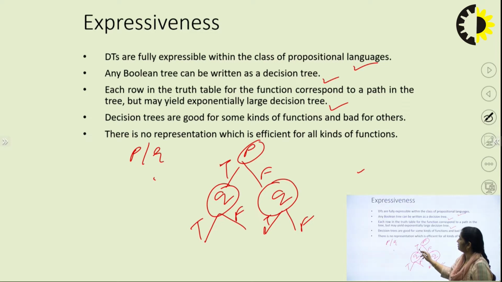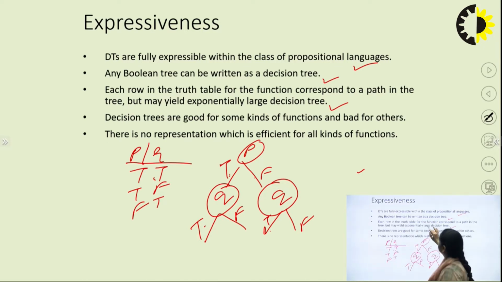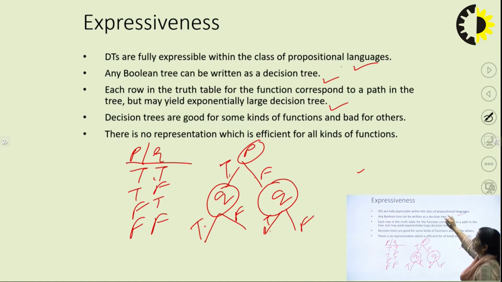So it shows us the paths true true, true false, false true, false false, all the four possible values that we have in our truth table. So Boolean trees are totally convertible to decision trees. All the propositional language class can be represented with the help of decision trees.